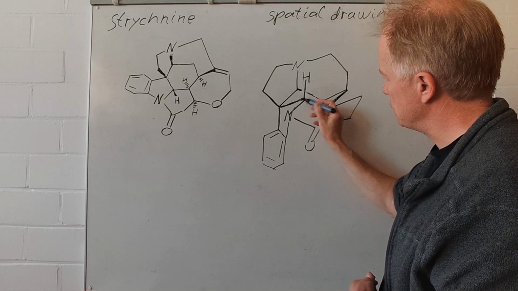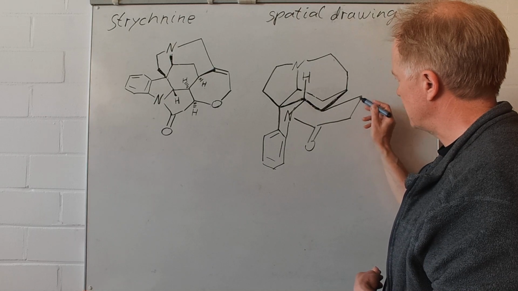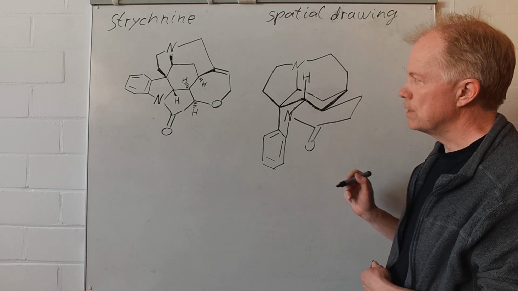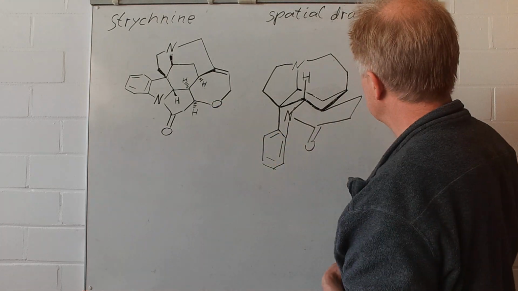And now we have the 6-membered ring. Control it. 1, 2, 3, 4, 5, 6. Next, we should add this oxygen.